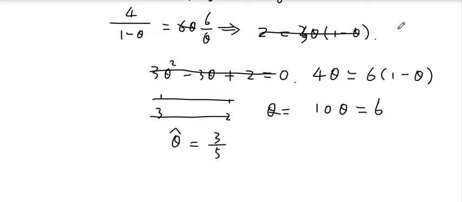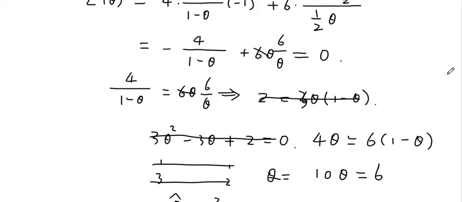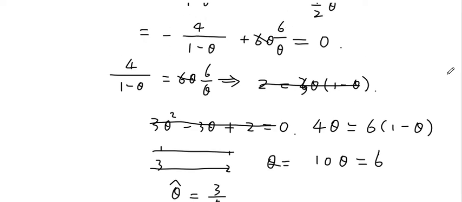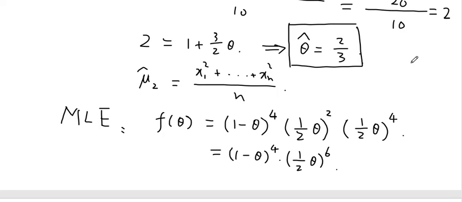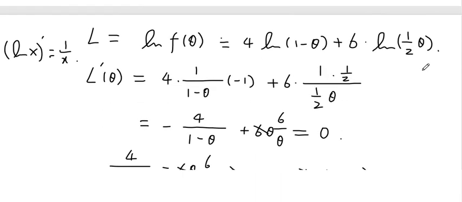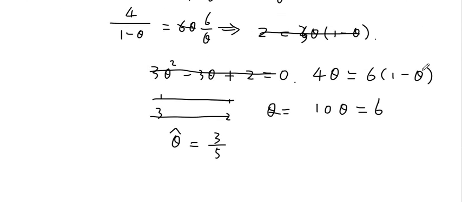Okay, so we use two methods to get the estimation for this parameter theta. For simple examples, the two estimators should usually be the same by the two methods. Here, this is 2 over 3, but this is 3 over 5.